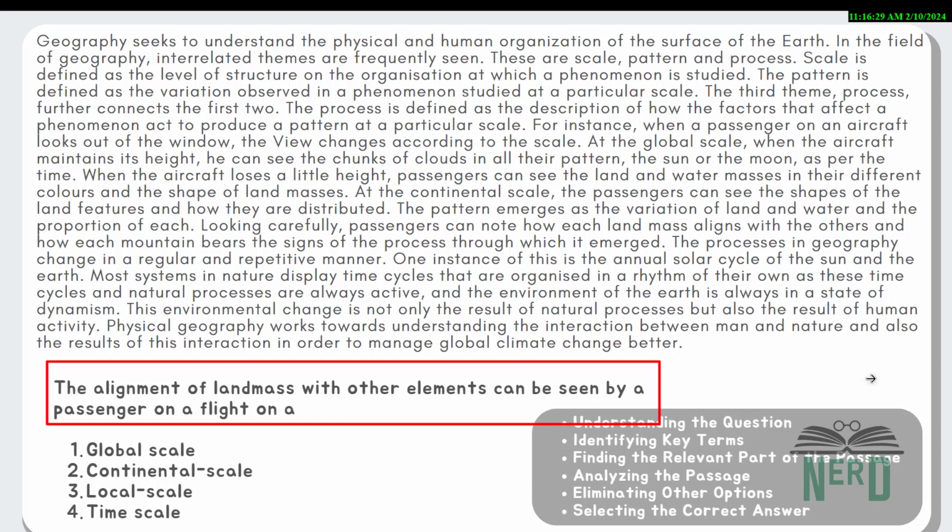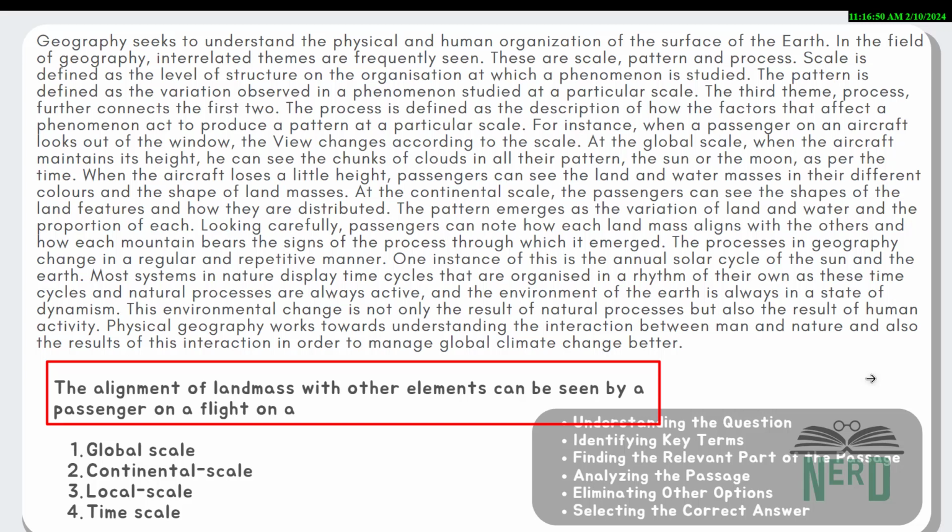To answer this question correctly, we revisit the passage where it describes the view a passenger on a flight might observe at a different scale, right? So first we understand that the question is talking about what a passenger can see regarding the alignment of landmass, right? Then we have to find the key terms.